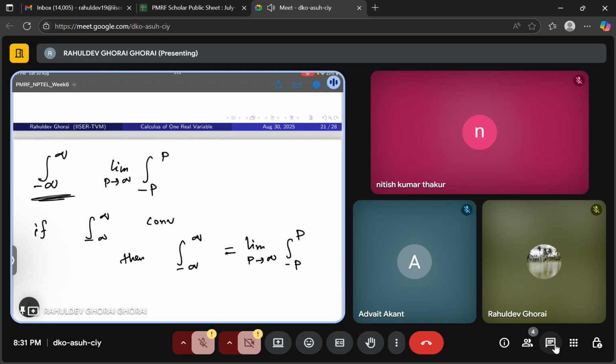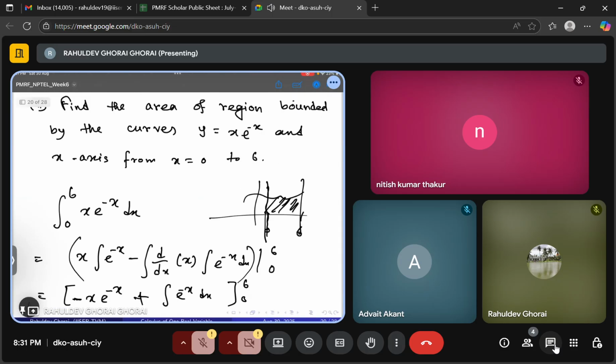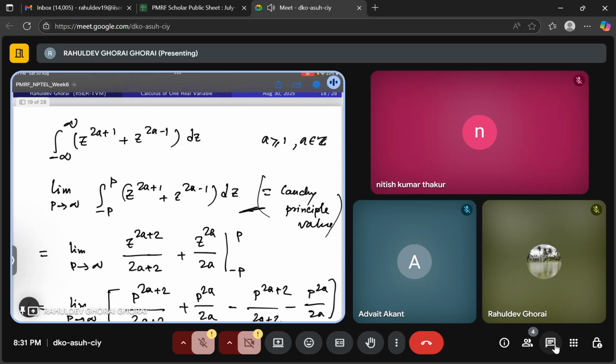So if it is divergent, you can find a function such that the integral of f(x) dx from minus infinity to infinity diverges, but the limit as p tends to infinity of the integral from minus p to p converges. So in the sense of Cauchy principal value, the Cauchy principal value of the integral might exist, but the integral from minus infinity to infinity might not exist.